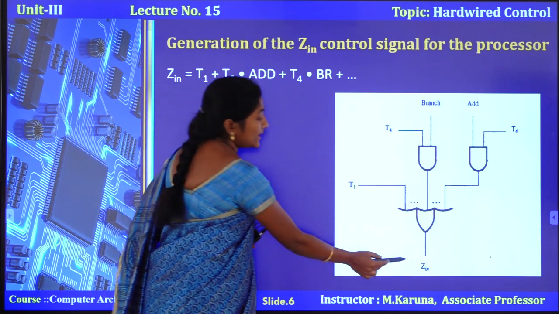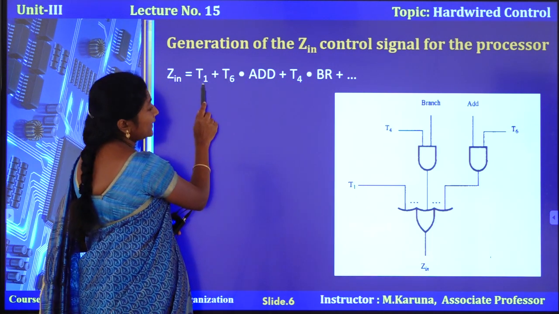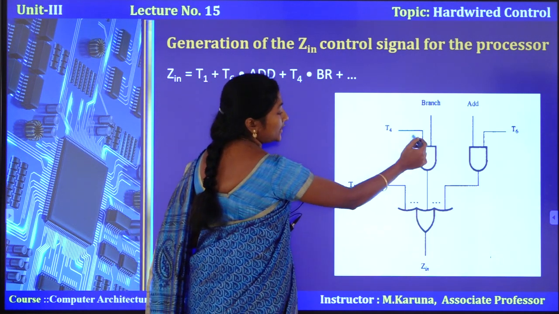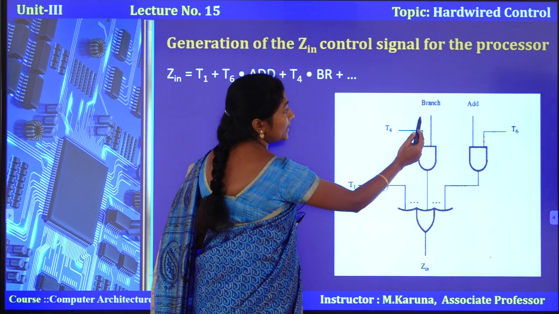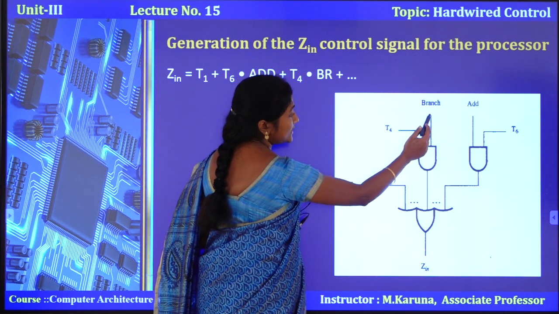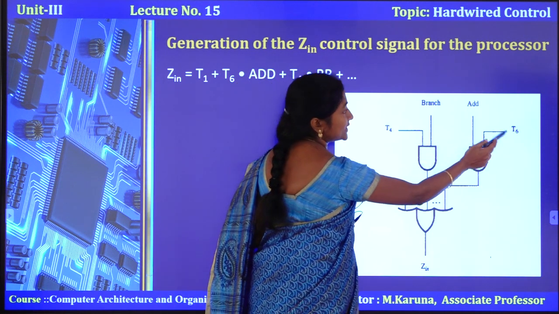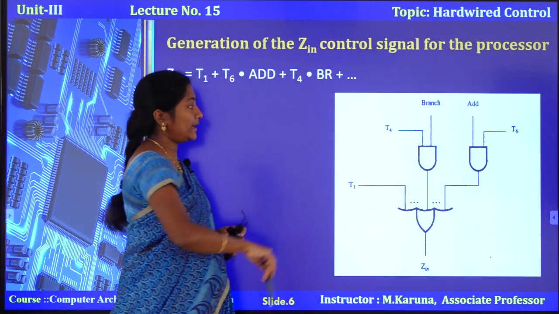Here an OR gate is used, and AND gates are used. The combination of T4 and branch signals is connected to one AND gate, and the combination of T6 and add signals is connected to the other AND gate.